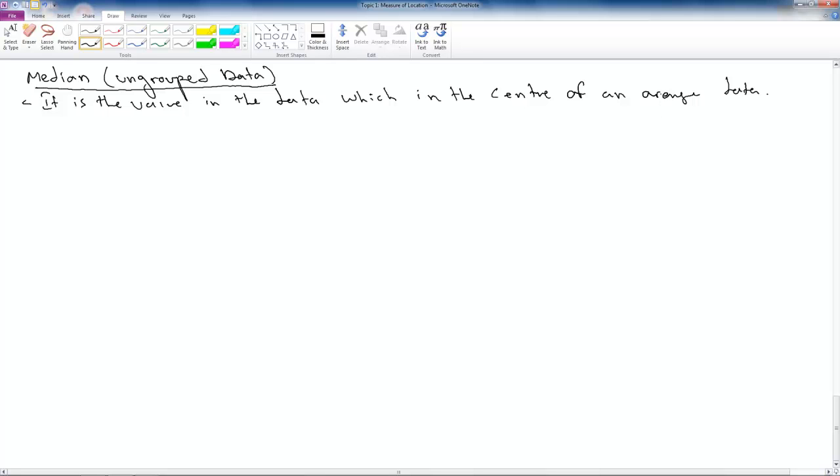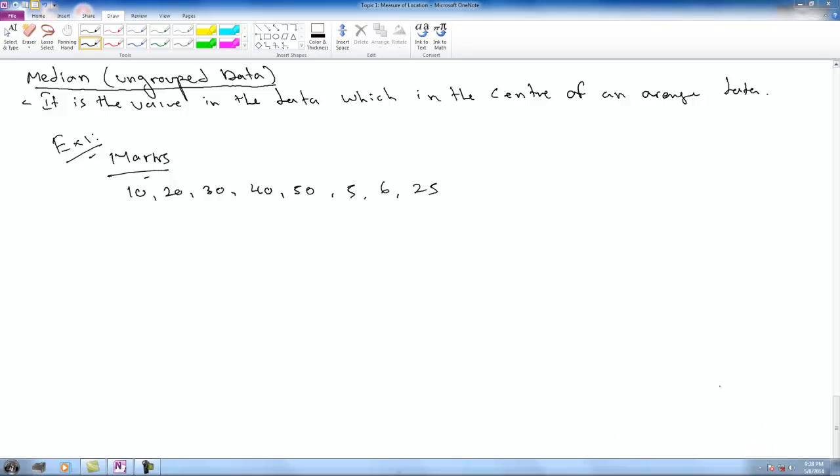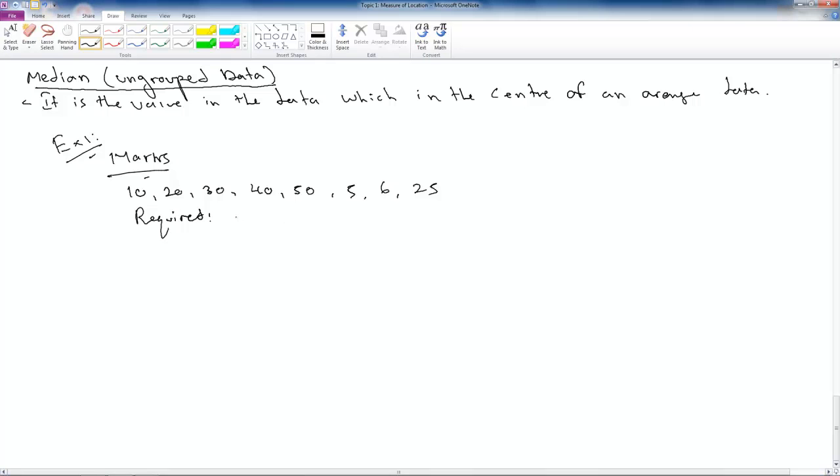So over here we have marks: 10, 20, 30, 40, 50, 5, 6, and then 25. Now we are required to calculate the median.